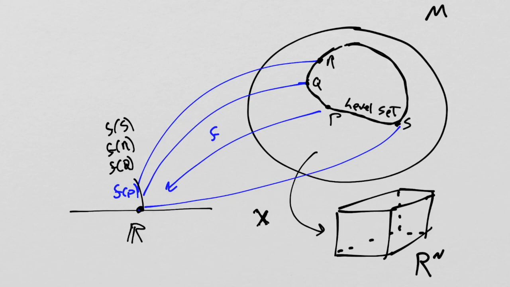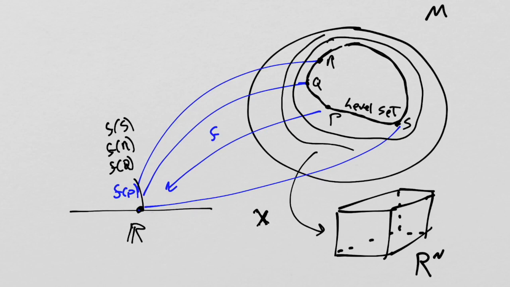And presumably, these level sets exist all over. They all just have different values. So I can have a different level set there, a different level set there, and each of those level sets goes to a different value of R. But all the points on those level sets share the same value of R, right?